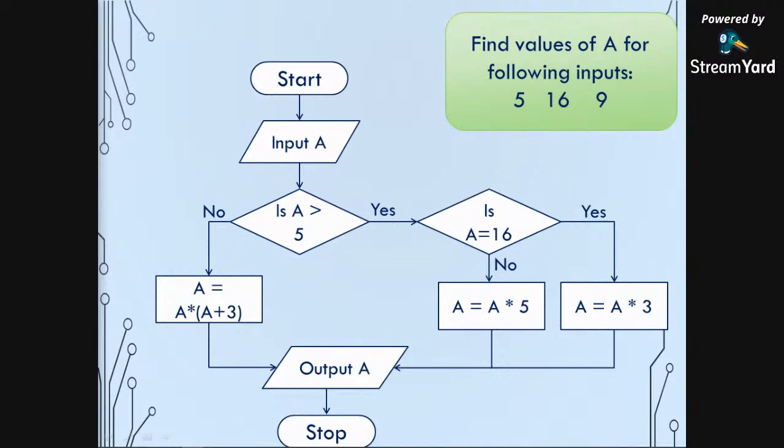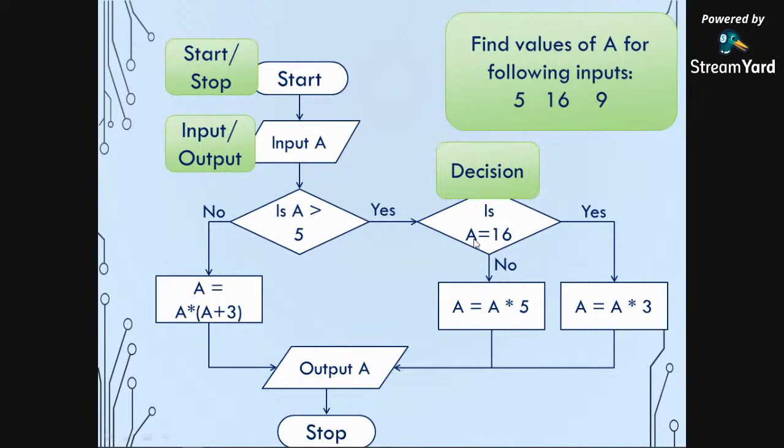Okay, so hopefully you kind of get the idea of flowcharts and how they work, that you go from one point to the next. And obviously we've got our start stop. As before, this shape here denotes a start or a stop. We've got our inputs and outputs. It has a decision, it's got a question: is A equal to 16?